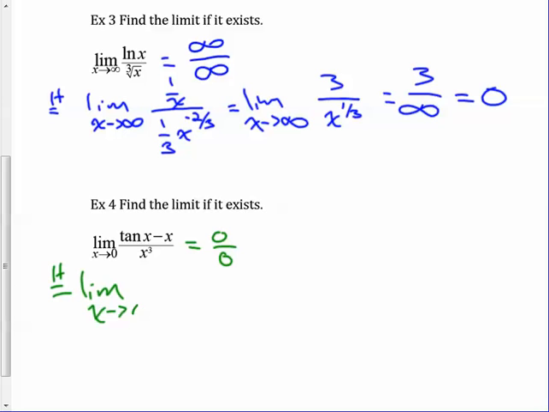We will recalculate the limit as the derivative of the top over the derivative of the bottom. However, still, when I plug in 0 for x, I get 0 over 0.